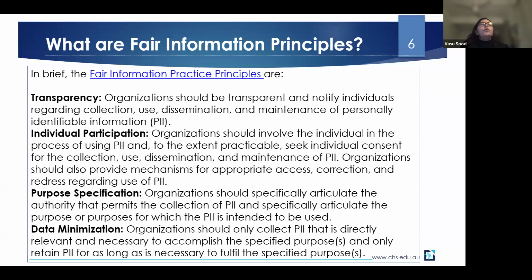For example, we have the Fair Information Practice Principles. They are a set of internationally recognized guidelines that govern how organizations should collect, use, manage, and protect personally identifiable information of the patient.